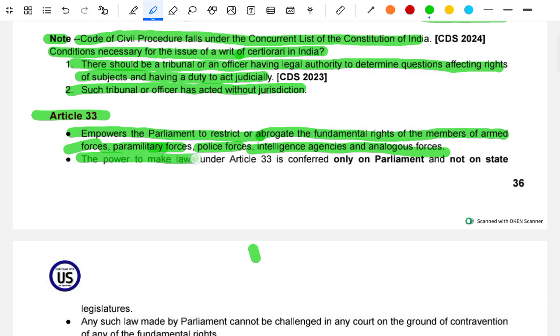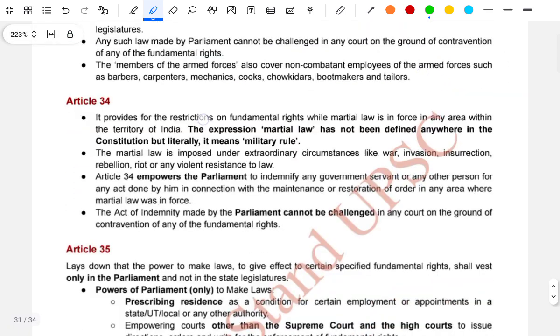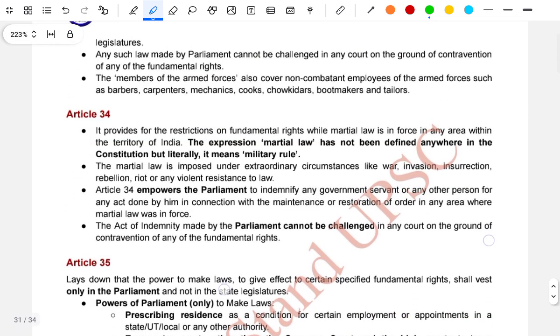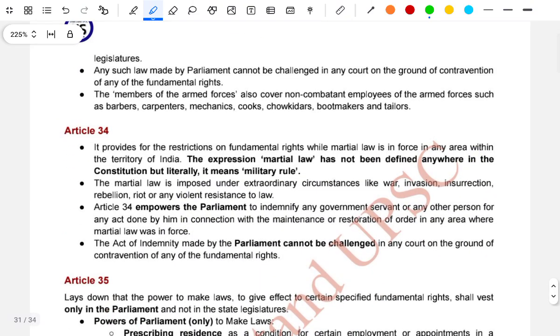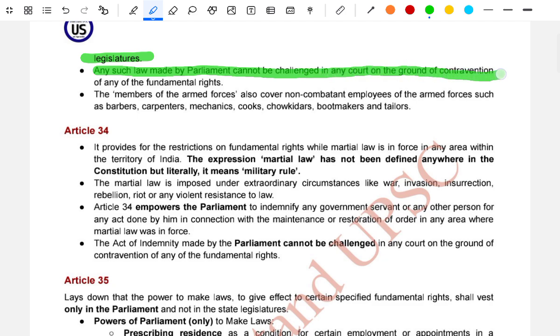The power to make law under Article 33 is conferred only on Parliament and not on a state legislature. Any such law made by Parliament can't be challenged in court on the ground of contravention of any of the fundamental rights.